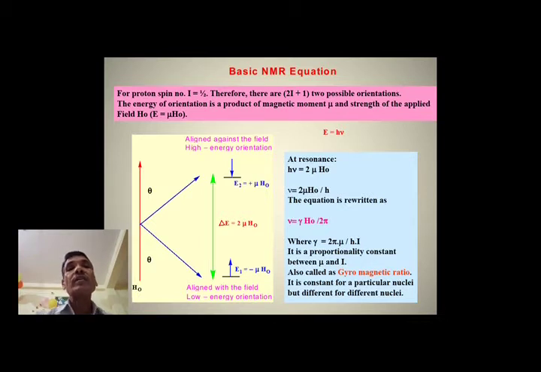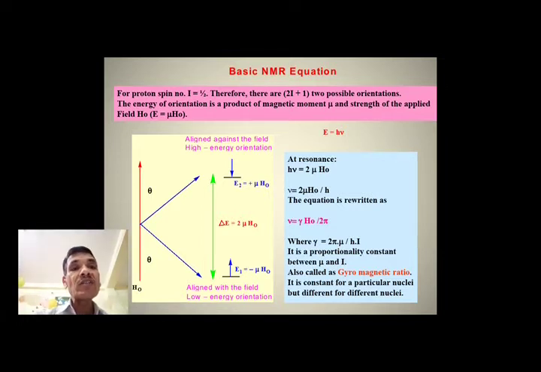Therefore, the delta E, that is the energy level difference between these two states, can be calculated as delta E is equal to 2 into mu into H0. As E is equal to h nu, at resonance, h nu is equal to 2 into mu into H0, so nu is equal to 2 mu H0 upon h.